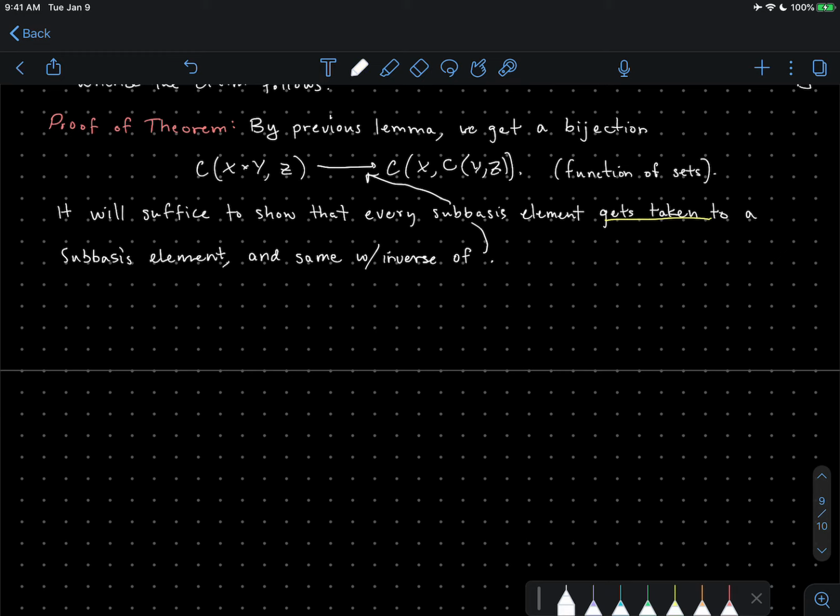Okay, so pick some open O in Z, and then K in X and K prime in Y compact. Then let's fix some notation.